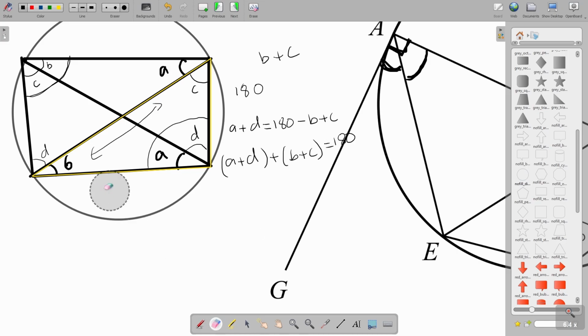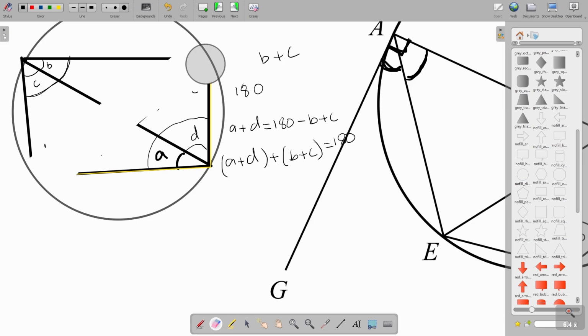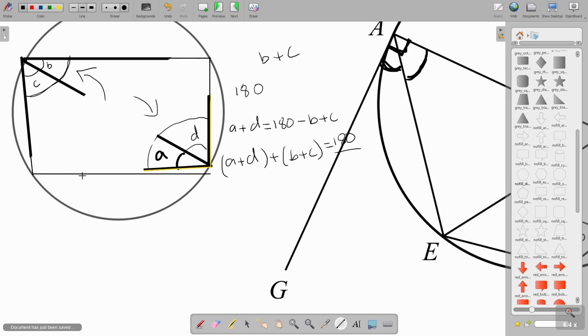Now let's come out of the reference point of the triangle and just look over here. Let's get rid of all of this. What we've just proven is that A plus D plus B plus C is equal to 180. And these are the opposite ends of a cyclic quadrilateral inside of a circle, which is a quadrilateral whose four sides all touch the edges of the circle.